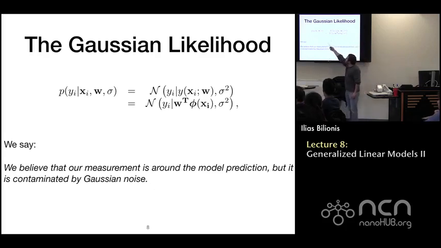The probability that you observe a specific y at that x given all the parameters of the model is Gaussian, centered around the model. So the mean prediction, the mean guess, if you like, is the response of the model, plus some noise with a variance sigma square that corresponds to random stuff kicking around the response.